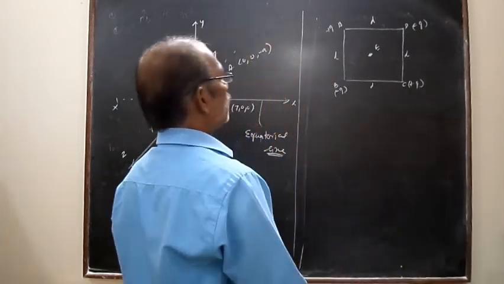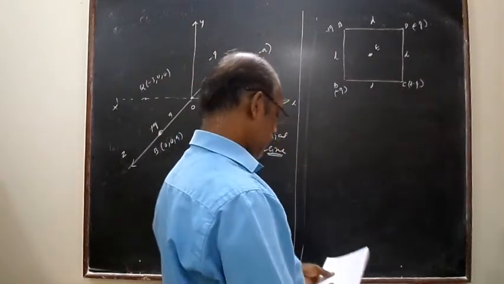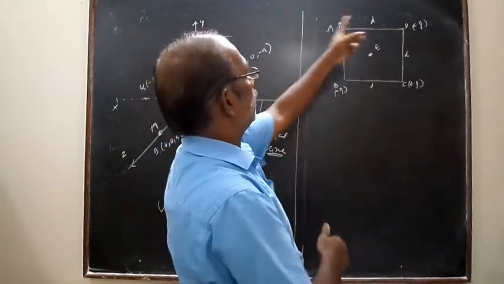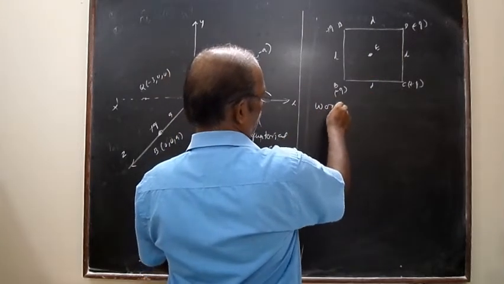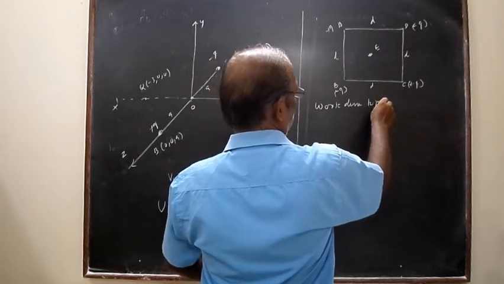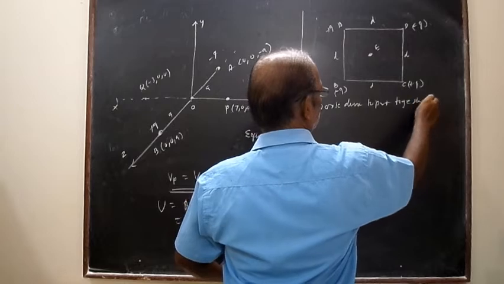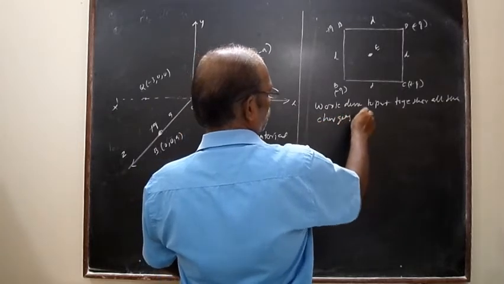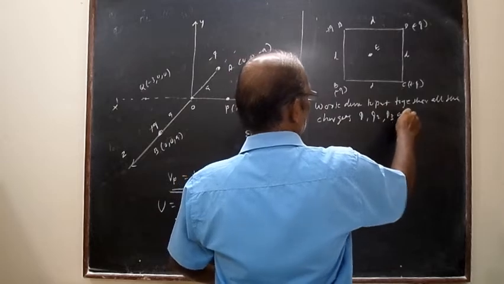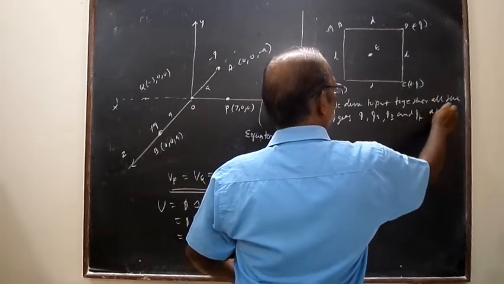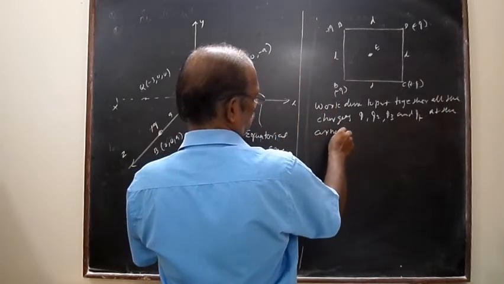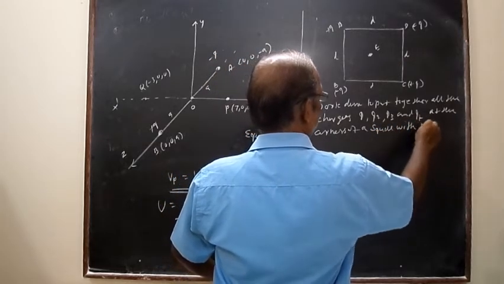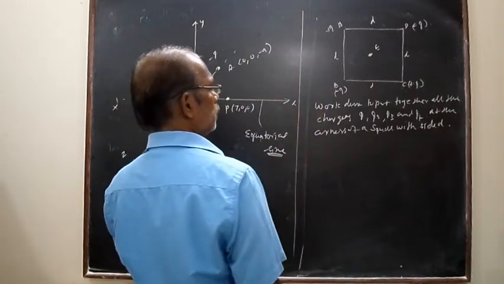In the first question, we should find the total potential energy or work done required to configure the system, or to put together all the 4 charges Q1, Q2, Q3 and Q4 at the corners of a square with the side D, which is nothing but potential energy.